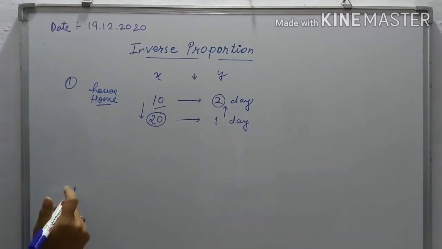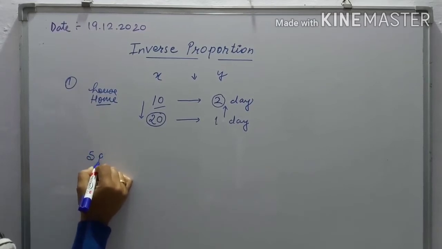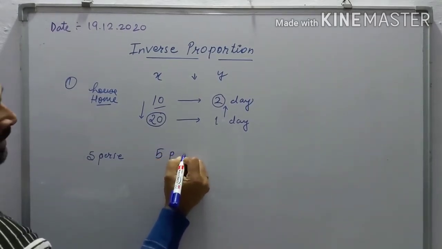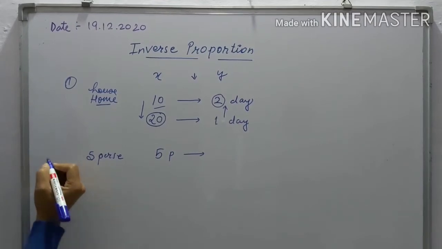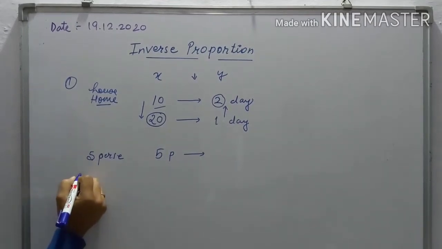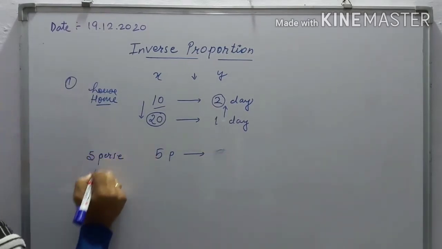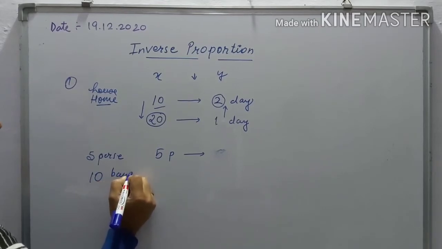Suppose in a second example, in your home the total number of persons is 5, and you have 10 bananas.